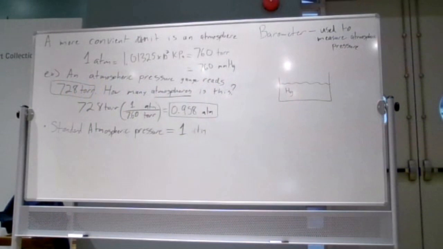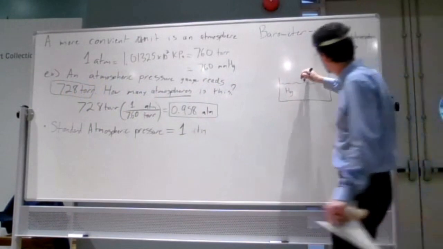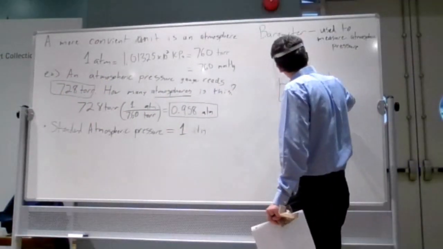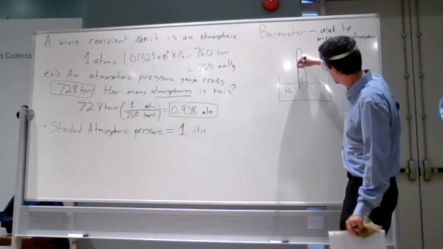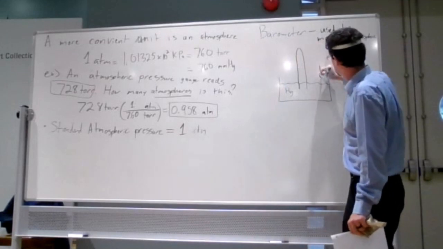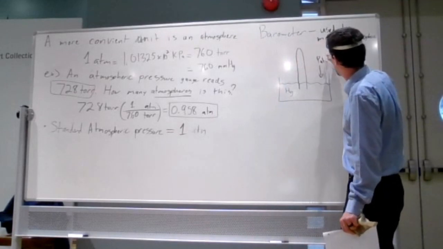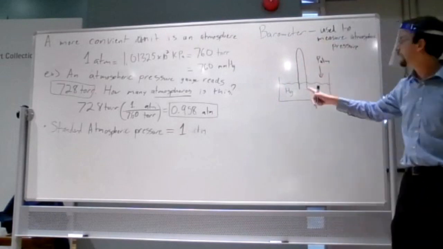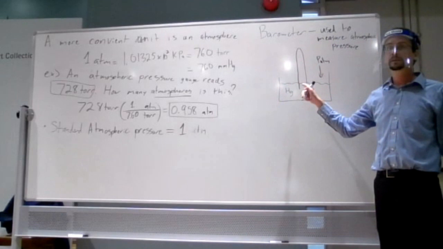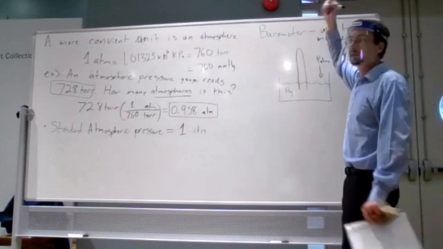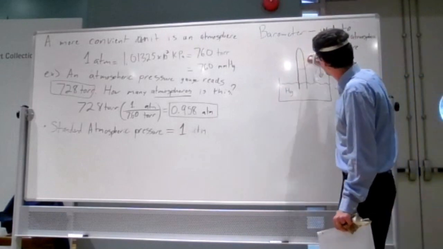Then they would get a capillary, a little tube, submerge it in the mercury and cap the top off. As the pressure of the atmosphere squeezes down on the sides, what's going to happen to the level of mercury on the inside? Yeah, it's going to oscillate. It's going to go up or down, right?